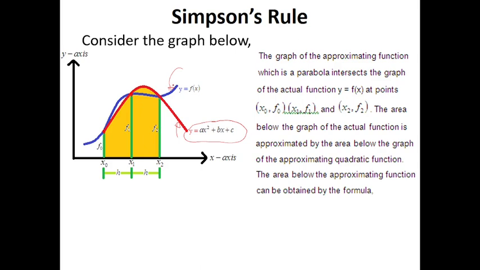So the area below the graph of the actual function is approximated by the area below the graph of the approximating quadratic function. In other words, if this is the actual function, as you notice, a parabola passes through the 3 points.